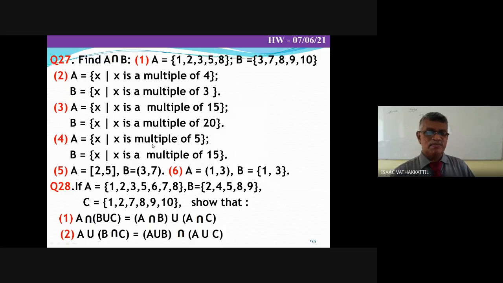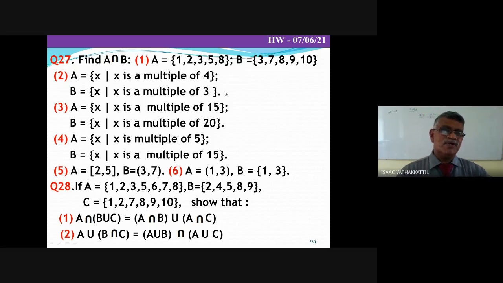Let us take up a similar question as I discussed yesterday, that was for union. Here you have to find intersection. A intersection B, where A is set of x such that x is a multiple of 4, and B is set of x such that x is a multiple of 3. Can you tell me? I want the answer now.